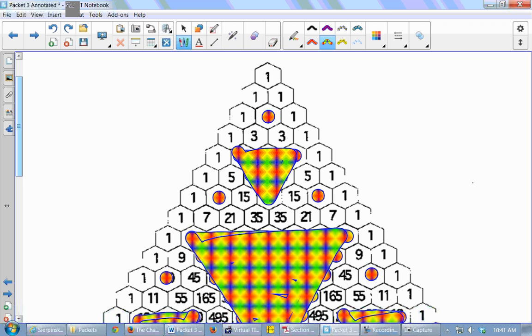Why do you think that shading evens and odds created this triangular pattern?